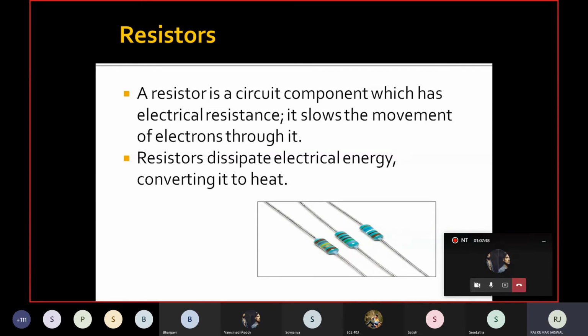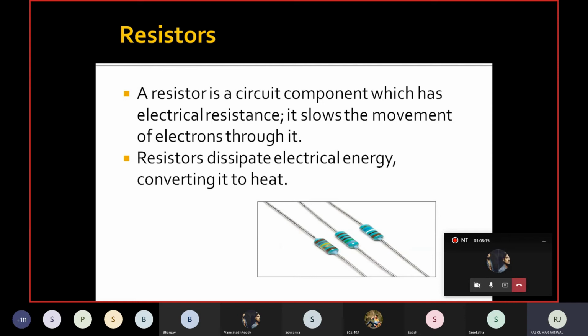As I told you, the resistor is the one component that gets heated. For example, if one resistor is there, by the maximum voltage and higher temperature, it is going to get hot. Then it will dissipate the energy, and at some instant your resistor will burn because of the heating.